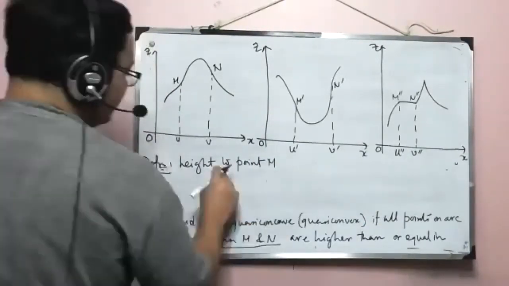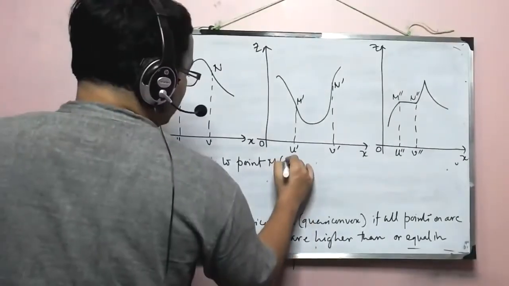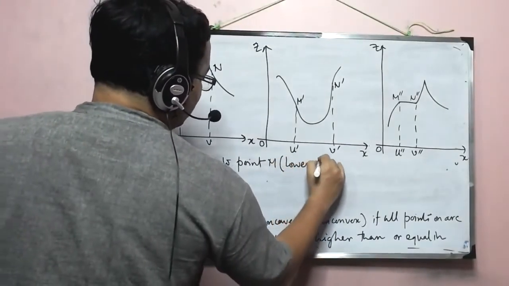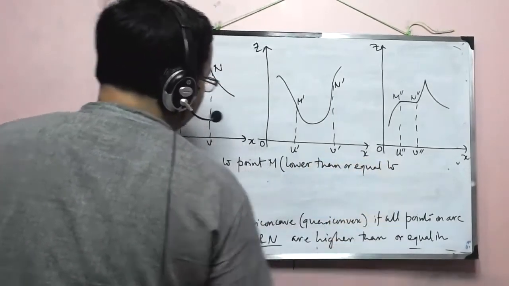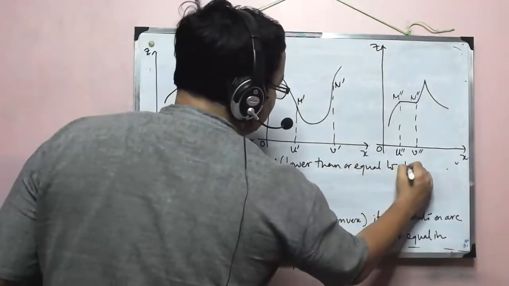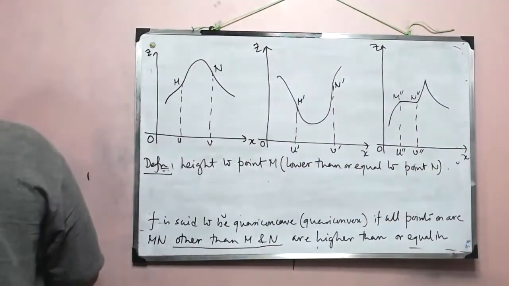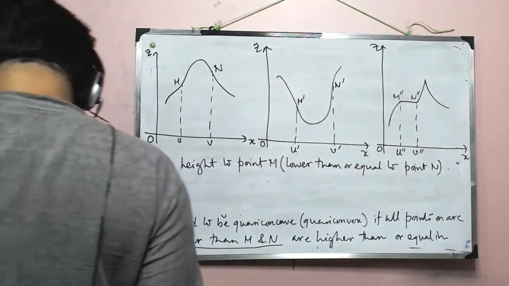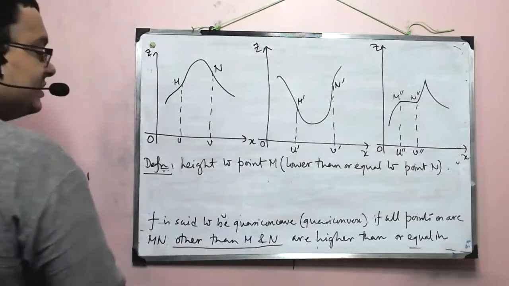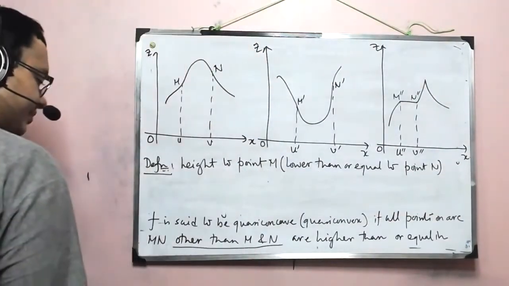So in bracket, we will say for quasi-convex, lower than or equal to, and now it will become point N, symmetrically opposite. Okay, so this is our quasi-concave and quasi-convex together.